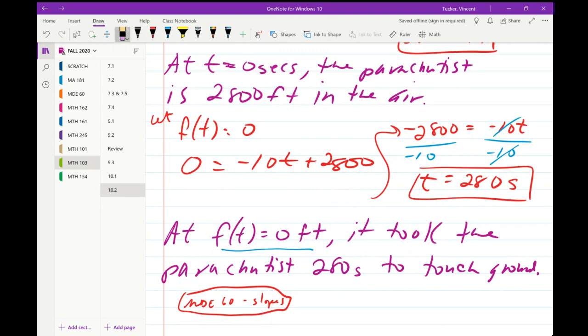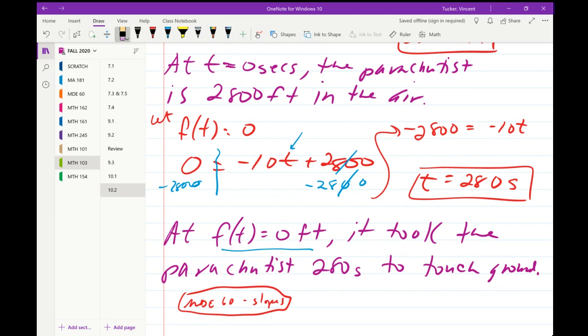So we were here. So now in order to solve for t, your goal is to get t by itself. So you need to undo what's being done to t. So I have negative 10 times t plus 2,800. So what's going to move the plus 2,800 is a minus 2,800. So plus and negative 2,800 will cancel. And then whatever you do to one side of your equal sign, you have to do to the other side. So if I subtract 2,800 on the right side, you have to subtract 2,800 on the left side. So that's how we get here, because we subtracted 2,800 from both sides.